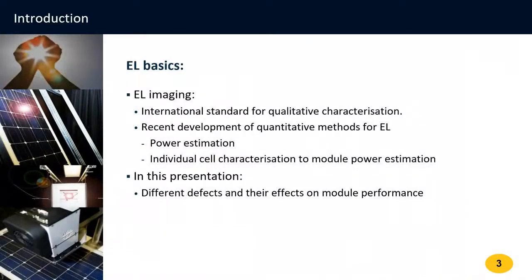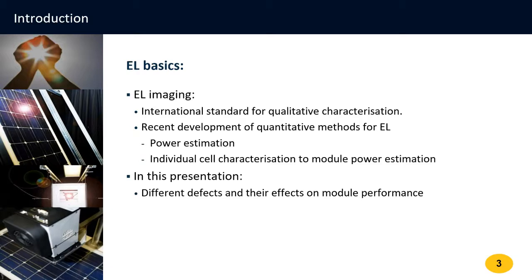Okay, so electroluminescence is an imaging-based technique and allows us to look spatially across a module. I know Jackie covered a lot of the theory regarding this, so I won't go too much further into that. But it's an international standard for qualitative characterization of a module.